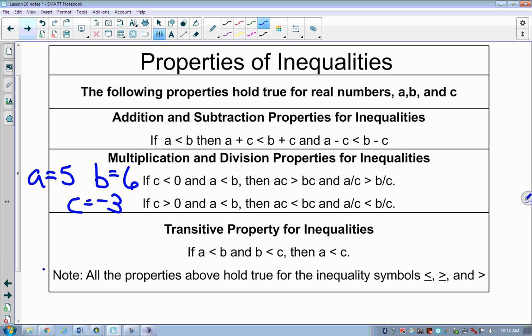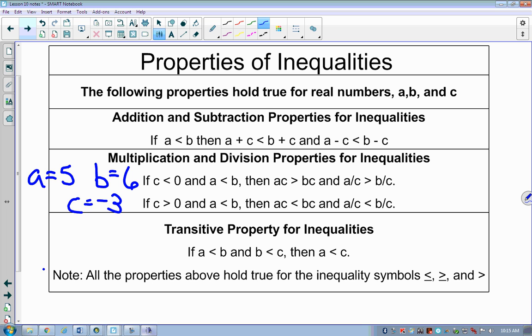Then 5 times -3 is what? -15. And -15 would be greater than -18. Right? We understand that? And 5 divided by -3 is going to be greater than 6 over -3. All right? We understand some of that whenever it comes to multiplication.